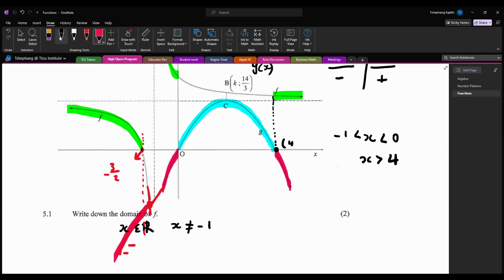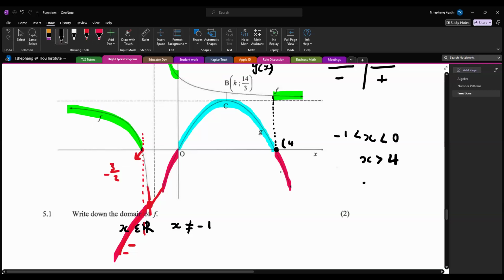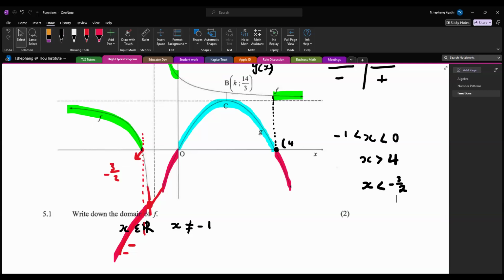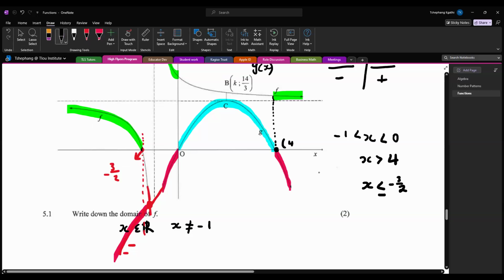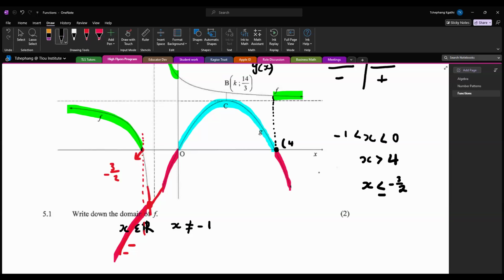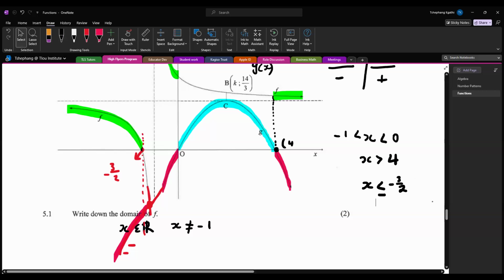And the last one is where x is less than 3/2. Okay, but this time we can include it because the 0 can be on top. It's not down where it gives us an undefined. So we will have 3 solutions: number 1, number 2, and number 3.